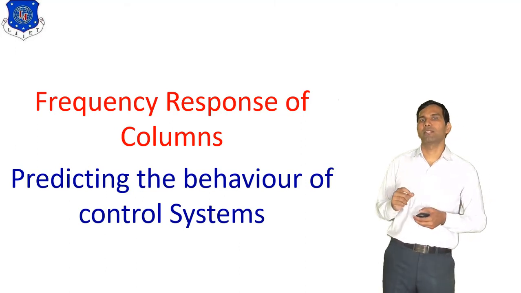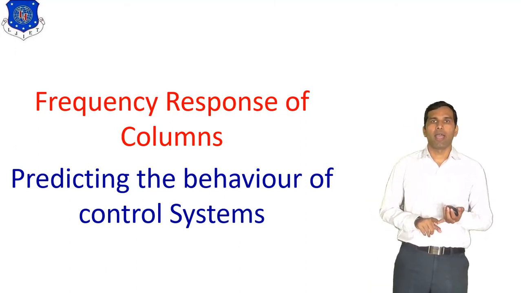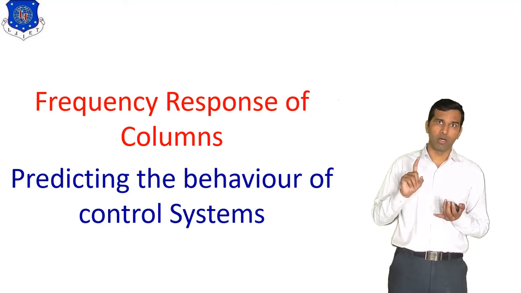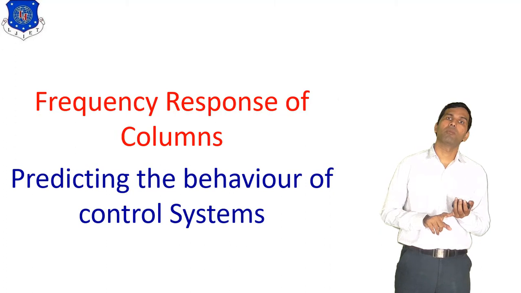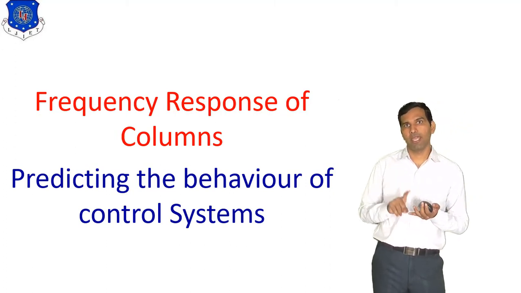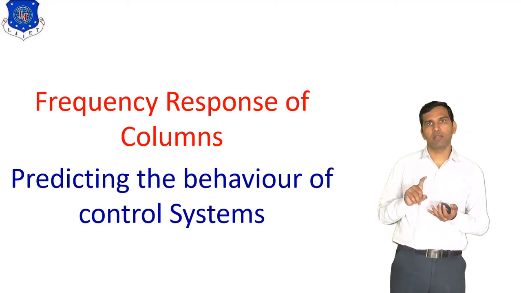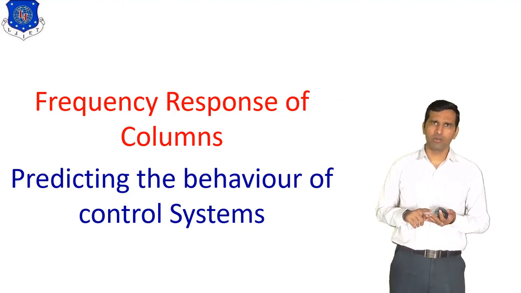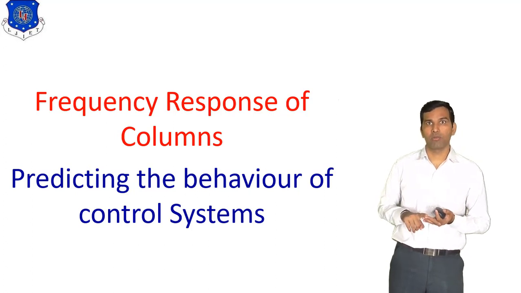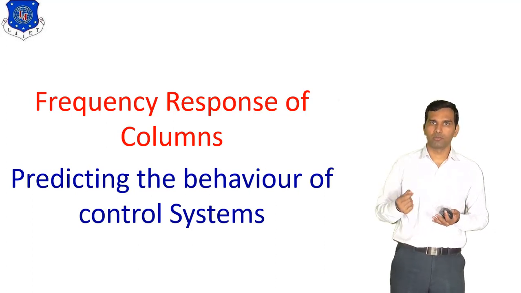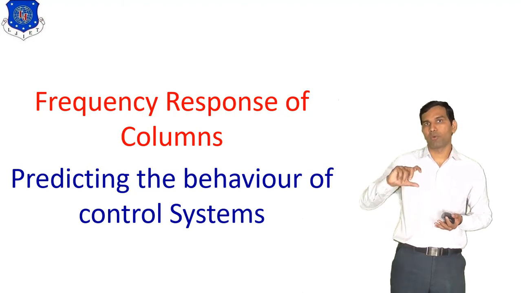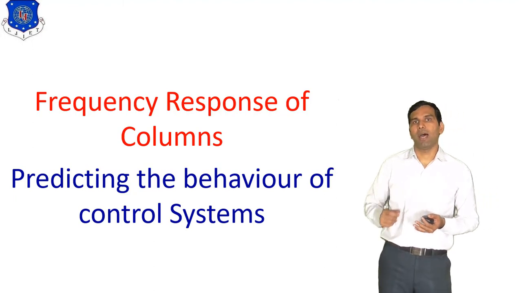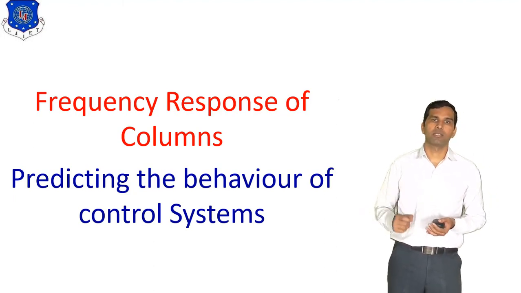Many times questions are asked in this chapter, like explain the frequency response of the column, then types of lag, and also explain the control system in the distillation column, like bottom composition control, then top control, then both product composition control. These are the types of questions asked in the GTU exam in this chapter.